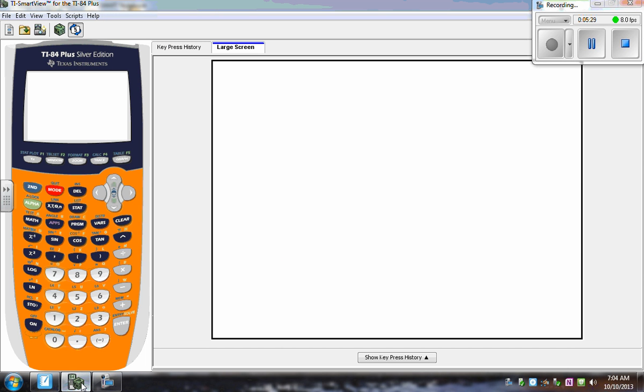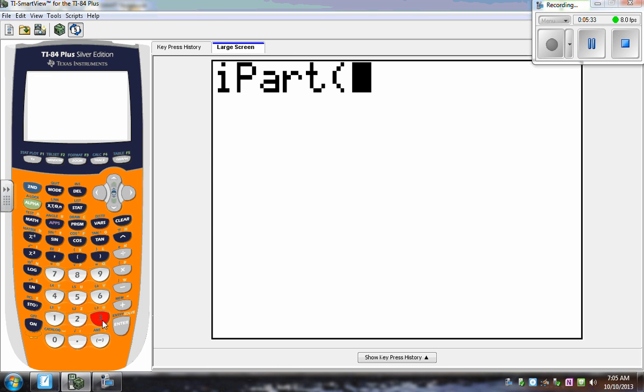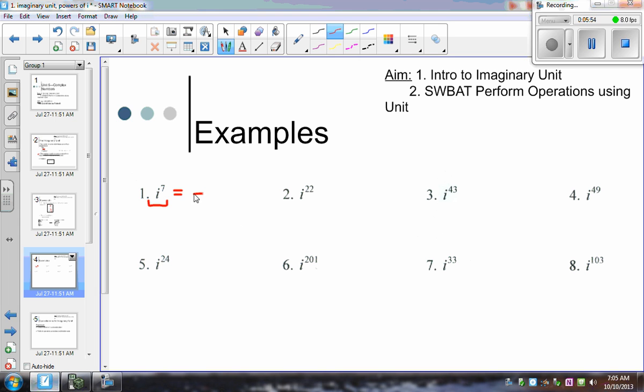If you go into your iPart function, all you have to type in is your i, which is the second and the decimal point, and raise that power of i to whatever exponent you have. In this case, we have i to the 7th. And when we hit enter, we see that that simplifies to -i. And that works for all these examples. Every answer you should get should be one of those four key values.